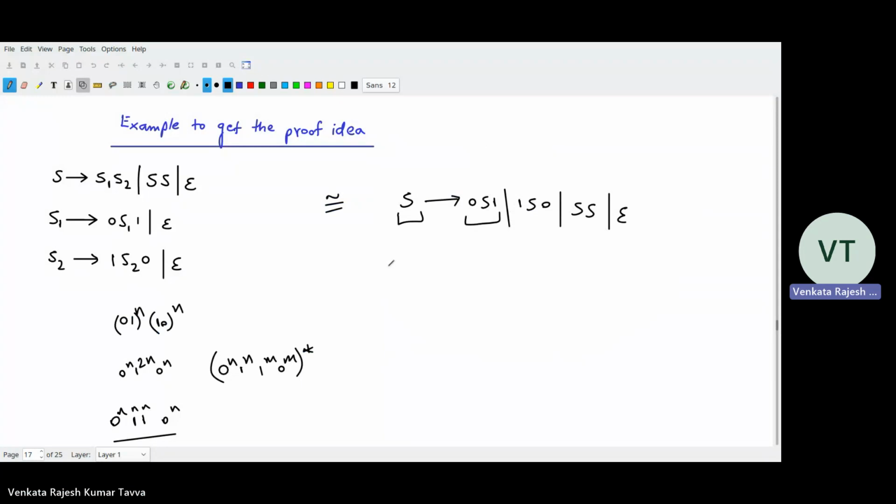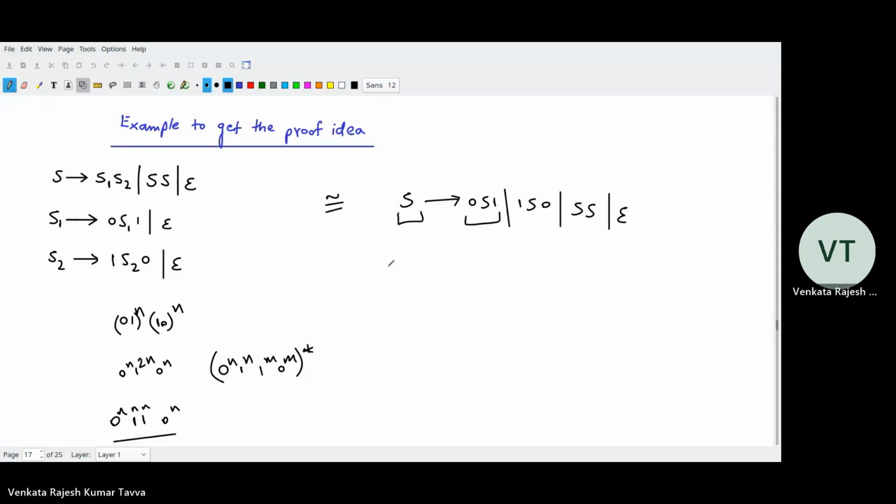If you already have matching parentheses, you generate larger matching parentheses either by nesting this one inside a pair of parentheses or by concatenating this string with another proper string. Same thing here. If you already have a string with equal number of zeros and ones, to generate a larger string, either you add a 0 and 1 at the beginning and the end, or a 1 and 0 at the beginning and the end, or you concatenate one proper string with another proper string. These are the only 3 ways in which you can generate larger strings.